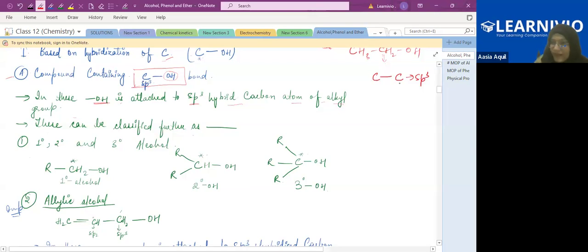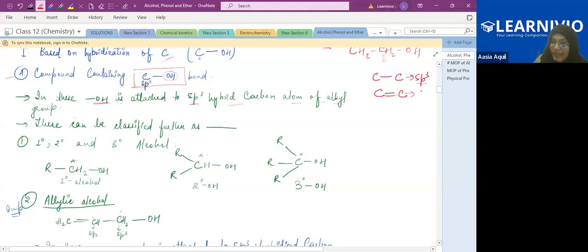So if between the carbon and carbon there is a single bond, the hybridization of each carbon is sp3. If between the carbon and carbon there is a double bond, what is the hybridization? I have discussed this in the previous chapter, haloalkanes and haloarenes.